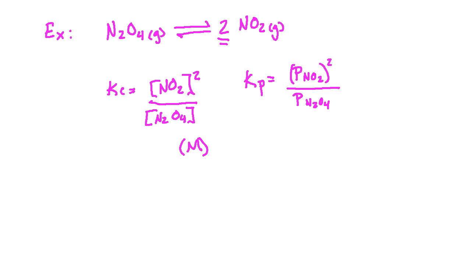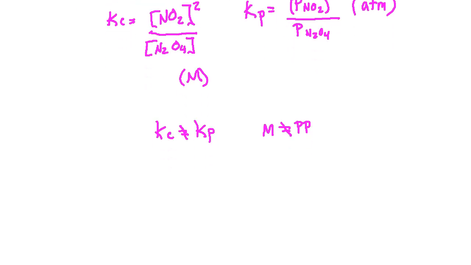And then the Kp, when we look at these values here, partial pressure, if you're dealing with gas laws, would be in atm. If you remember, I did state that Kc is not equivalent to Kp. That's really because the concentration of a gas is not necessarily equal to the partial pressure of that gas. So we need to be careful in making assumptions that the Kc and the Kp are interchangeable like that.